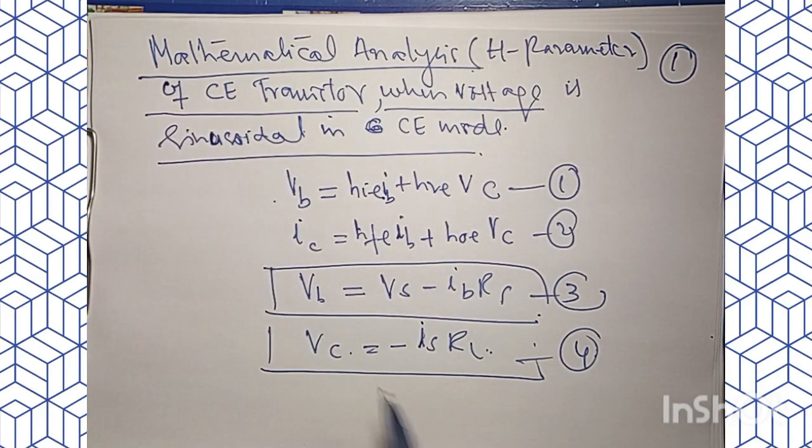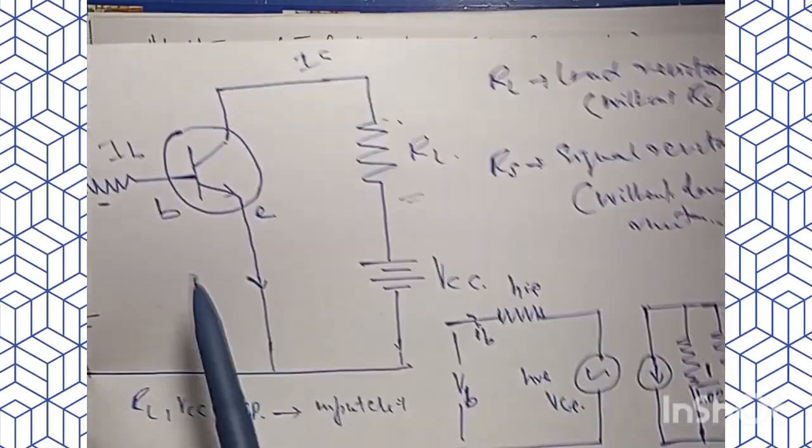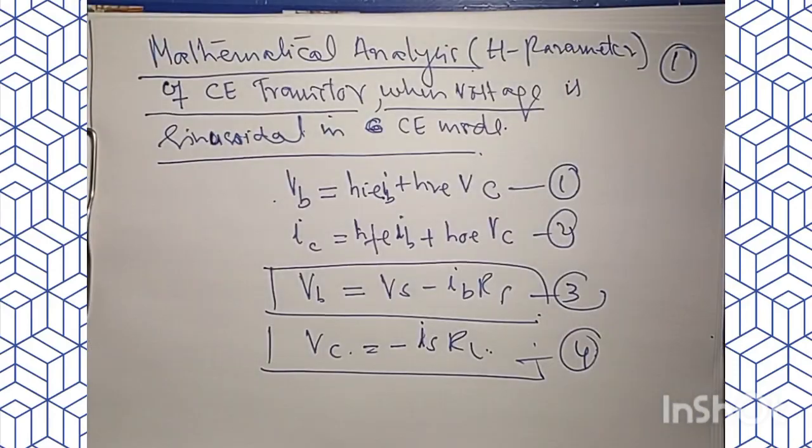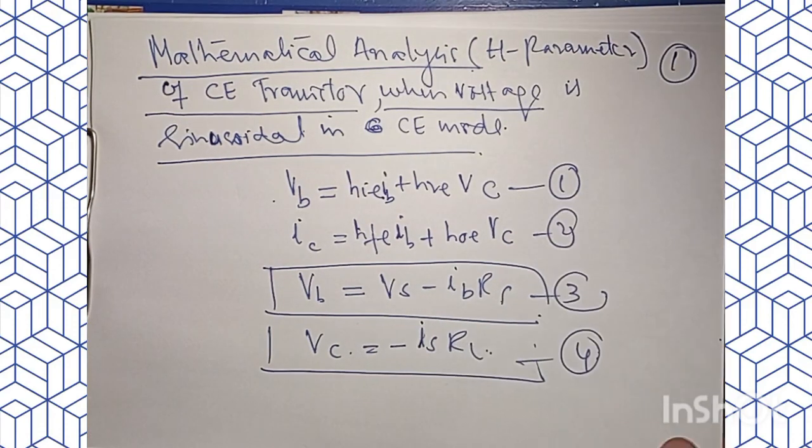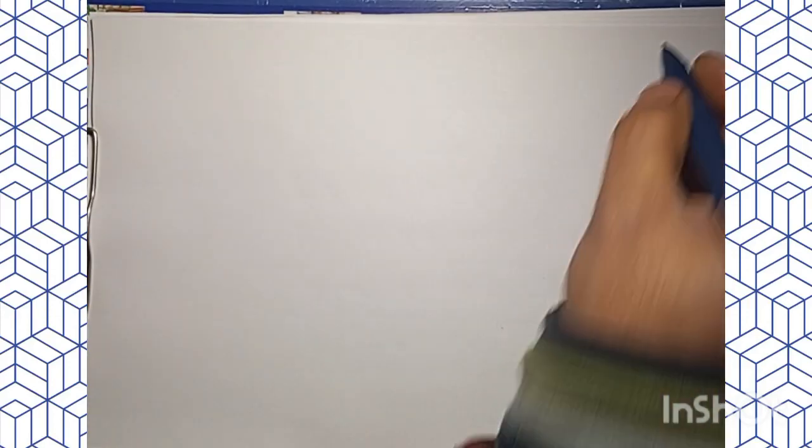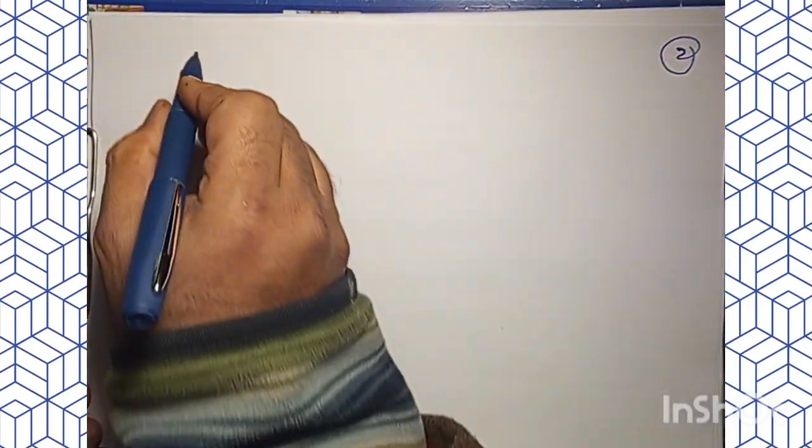Then we have VB for the input of this common emitter configuration, and VC for the output voltage of this common emitter configuration. Now, I'll go to the next page. What I will start with here is the current gain.